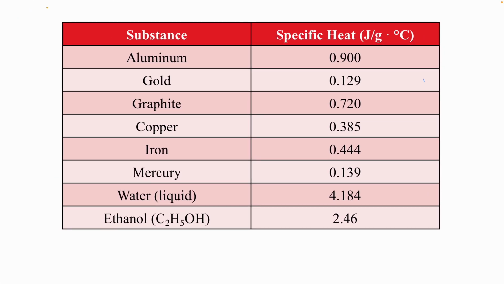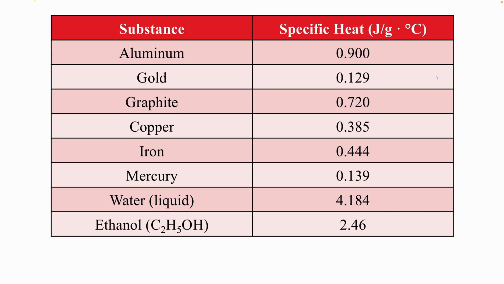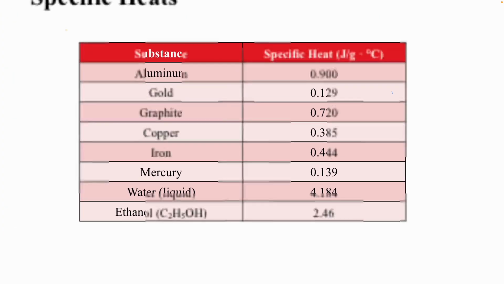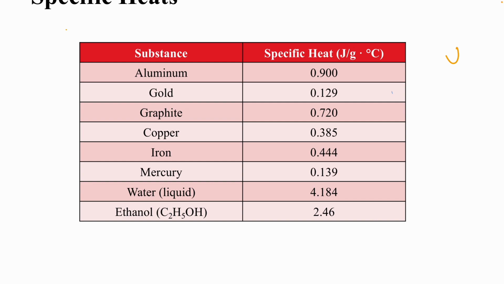We have these different substances: aluminum, gold, graphite, and copper. And then we have these numbers next to it, which are those constants, those specific heat capacities. Let's look at the units real quick. Joules over gram degree Celsius.